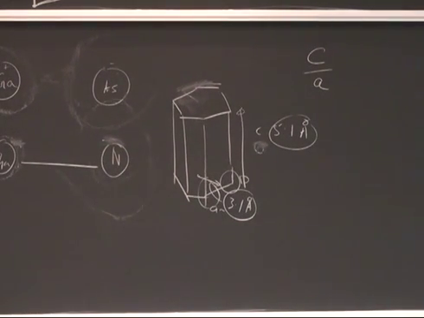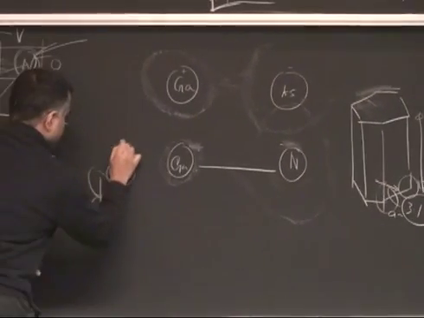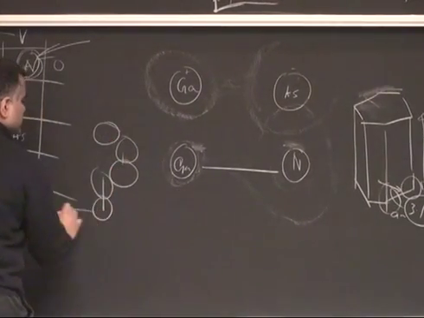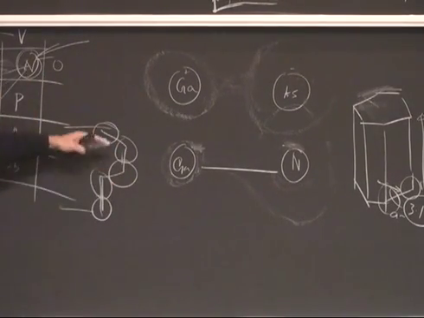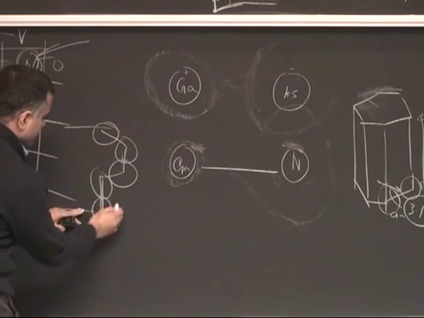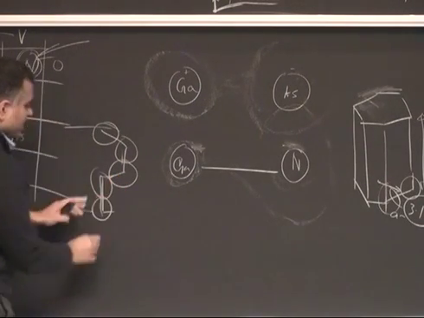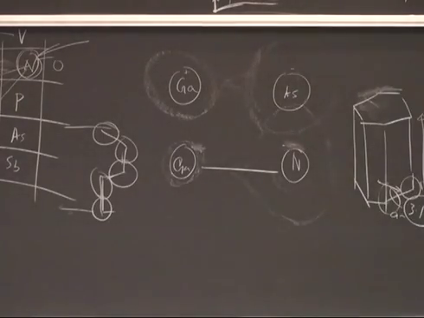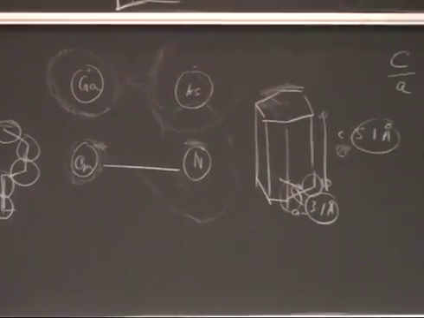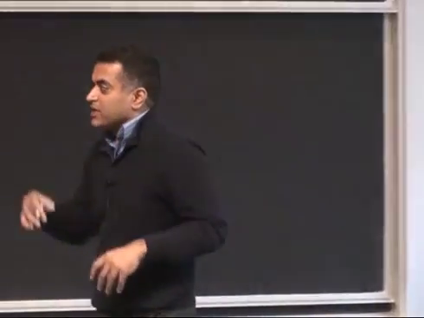If you pack balls of the same radii this way, and then another one this way, another one this way, and then another one this way, this is the period. This is typically a period of a lattice. So you'll see that the C over A, which is related to the lateral lattice constant, is all related to the radii geometrically. For ideal packing, it should be the square root of 8/3, if you have ideally stacked them with the same radii.